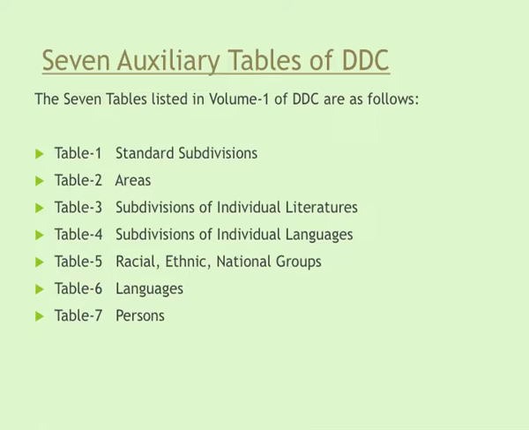Then the second table is for areas. Many subjects have the component of area in them. So, we use the numbers given in table 2 for different areas of the world, and we take this number from table 2 and attach it to the subject number. For example, economic condition or situation of any country.